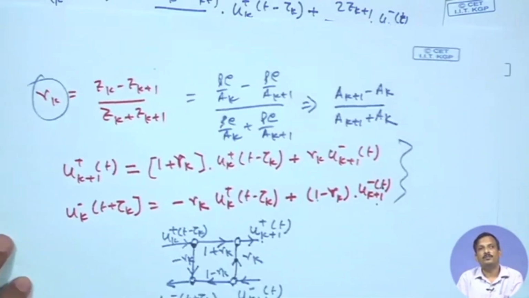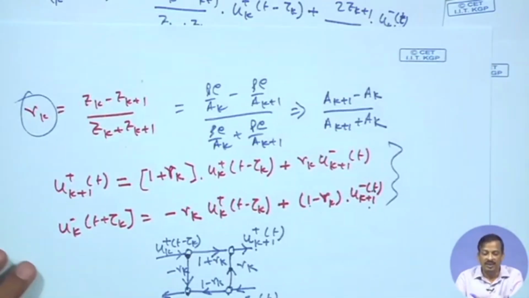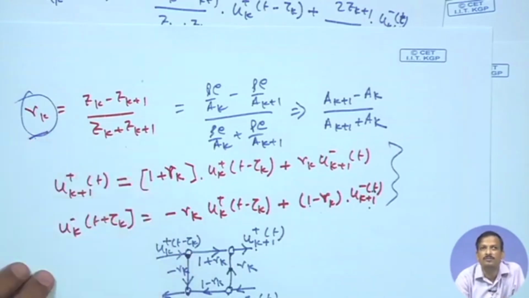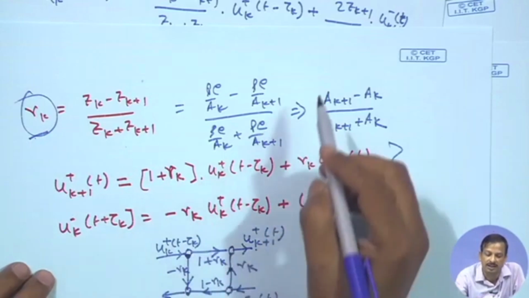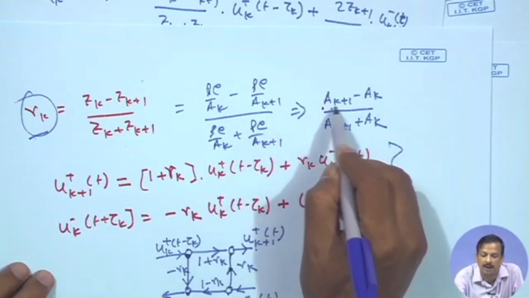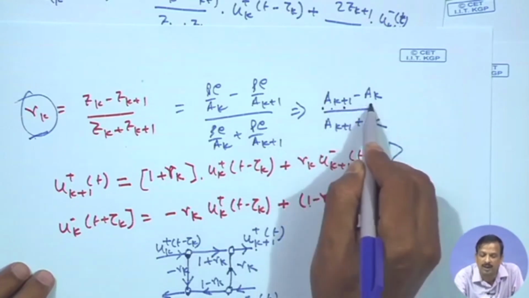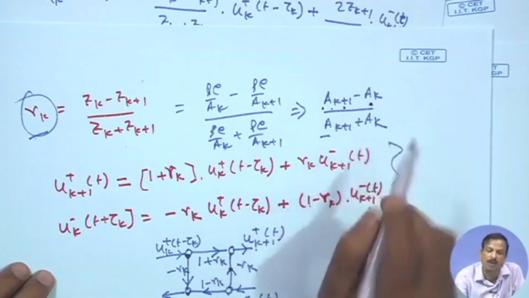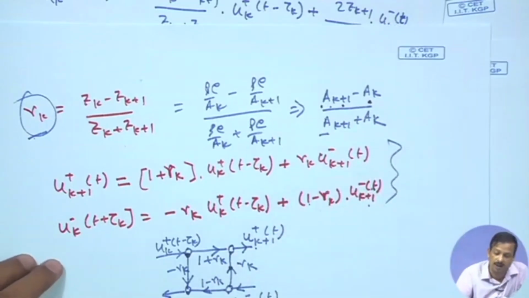Okay or not? So, that is why r k is called the reflection coefficient. It is nothing but the cross sectional area of the k plus 1 tube minus the cross sectional area of the kth tube, divided by the cross sectional area of the k plus 1 tube plus the cross sectional area of the kth tube.